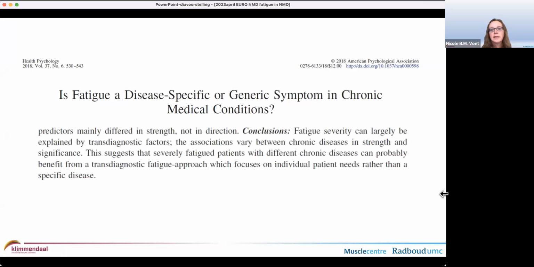They saw that fatigue is in 10% of cases disease-specific and in 90% of cases a generic transdiagnostic symptom. So in other words, interventions aimed at the perpetuating factors can be applied to many different conditions, also many different NMD.